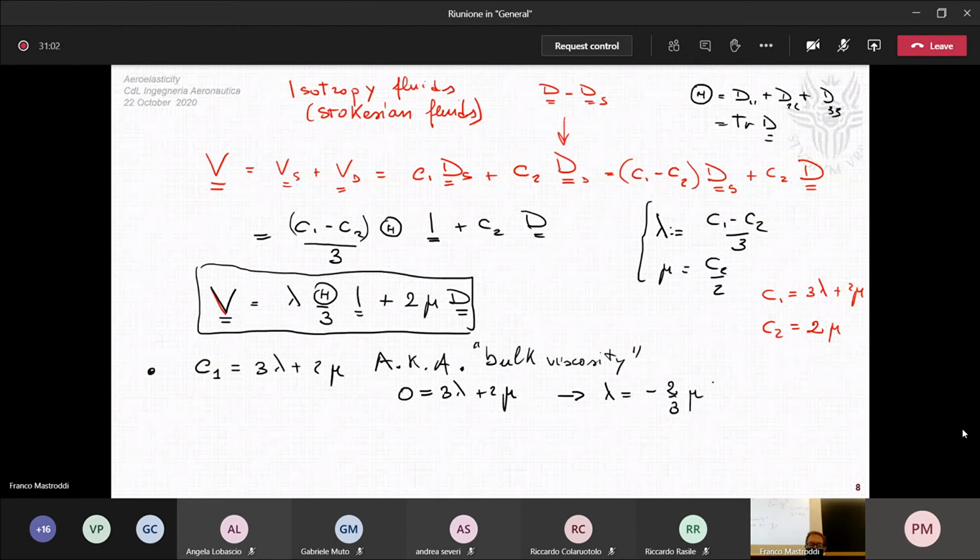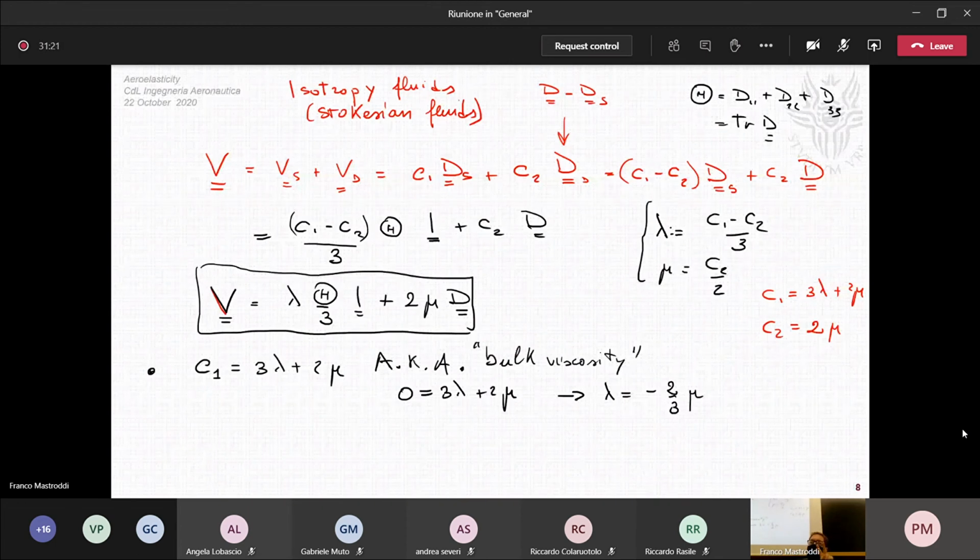Okay? At the end of the story, how many parameters are necessary for describing the viscosity of a Stoichiometric fluid? Practically one, not two.